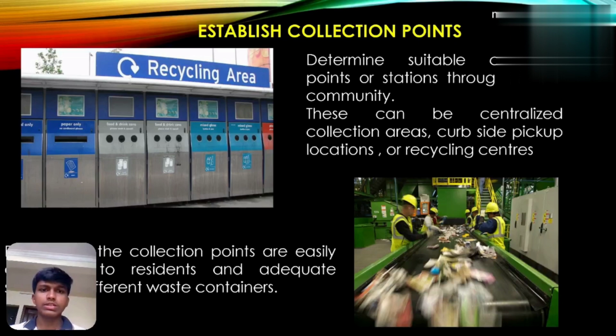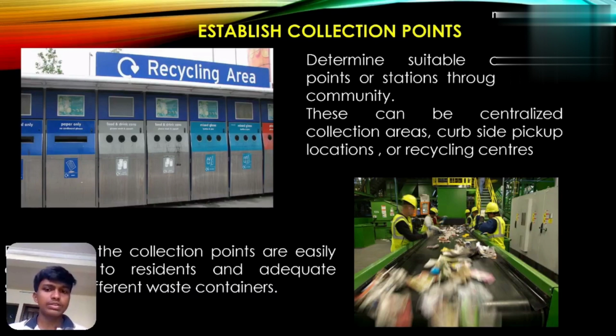Next is to establish collection points. Determine suitable collection points or stations throughout the community. These collection points can be centralized collection areas, curbside pickups, or recycling centers. Establishing collection points involves identifying locations where people can drop off their waste for proper disposal.